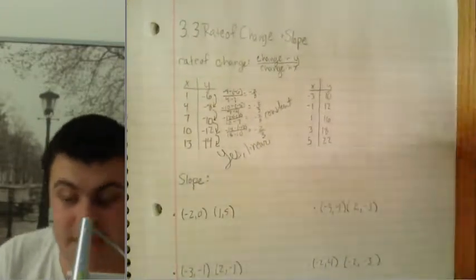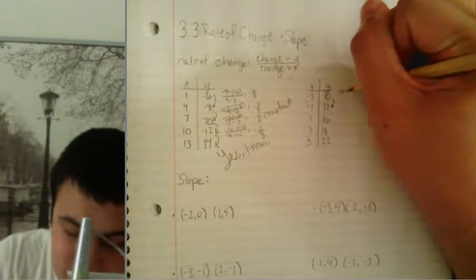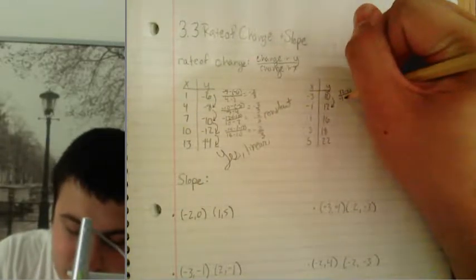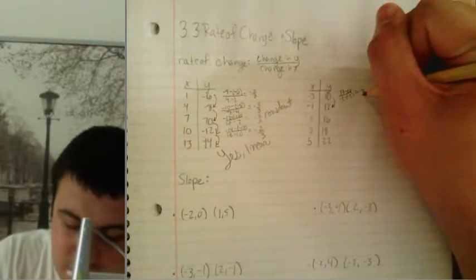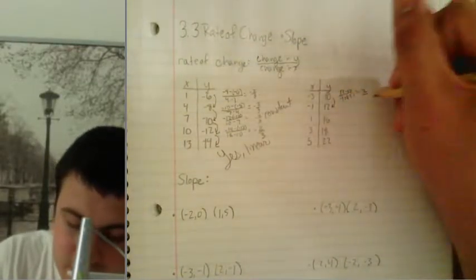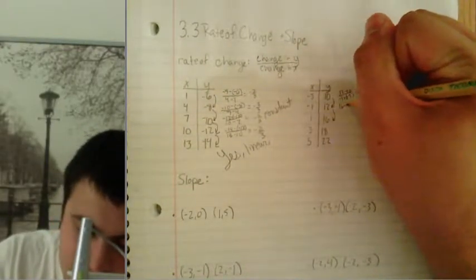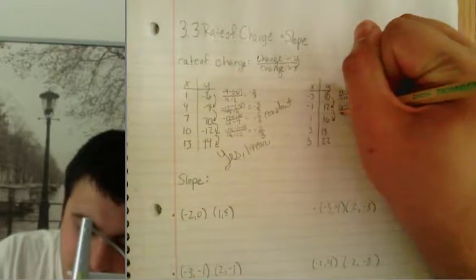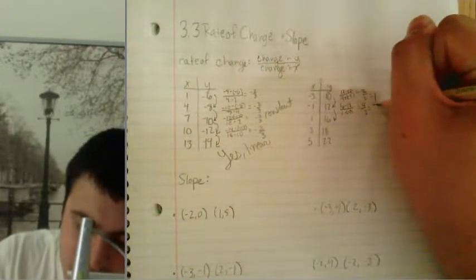Let's look over here. If we go from here to here, we take 12 minus 10 over -1 minus -3, and we see that we get 2 over 2, so that's 1. From here to here, we take 16 minus 12 over 1 minus -1, which gives us 4 over 2, which is 2.